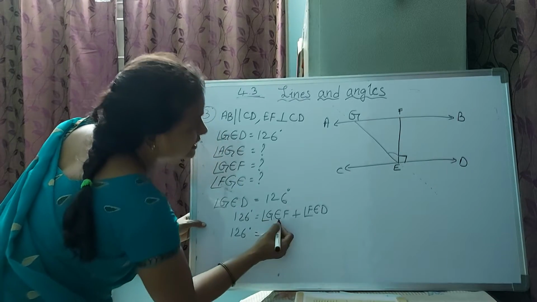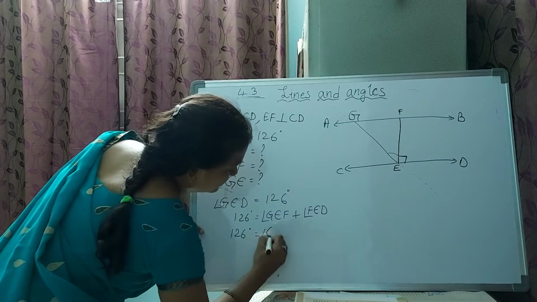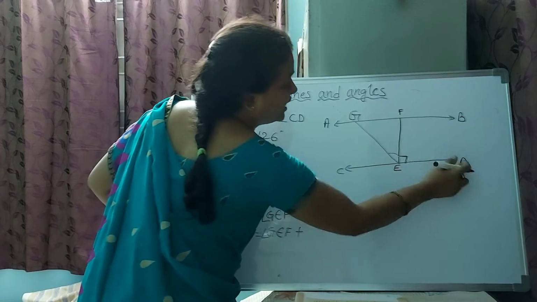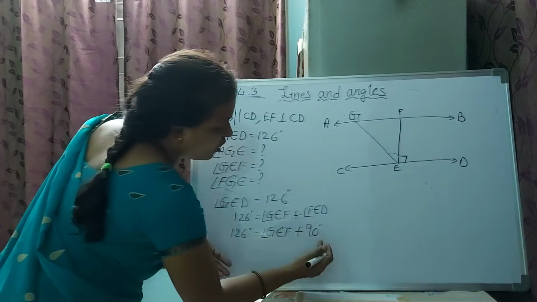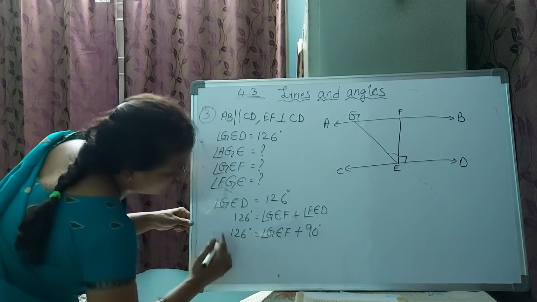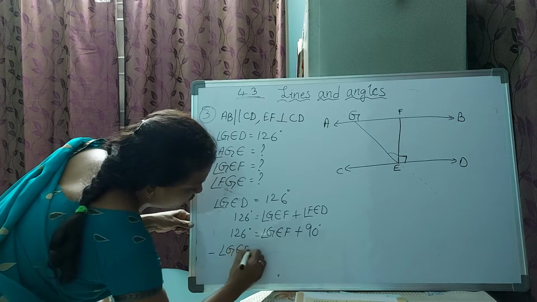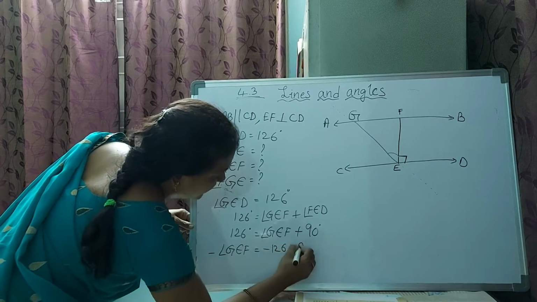Angle GEF, we don't know. Write like that only: GEF plus FED is 90 degrees. Take this one to this side, minus GEF is equal to minus 126 plus 90.